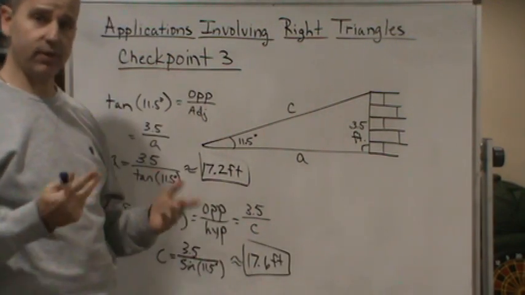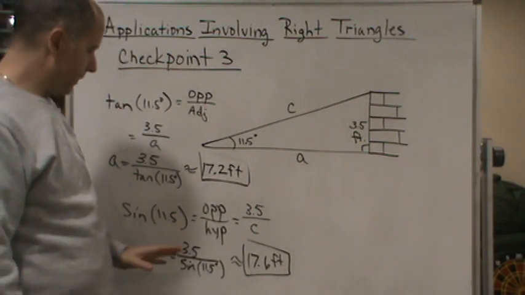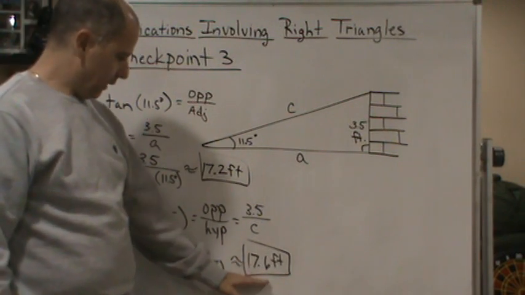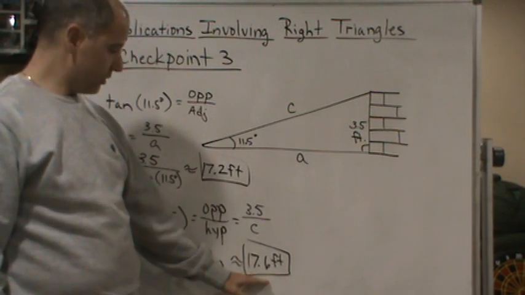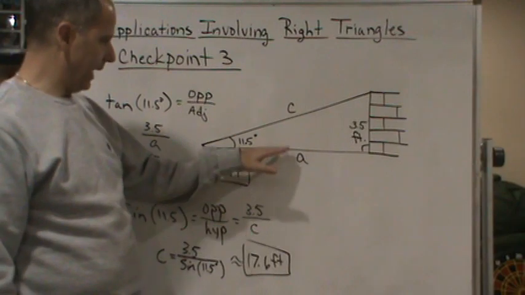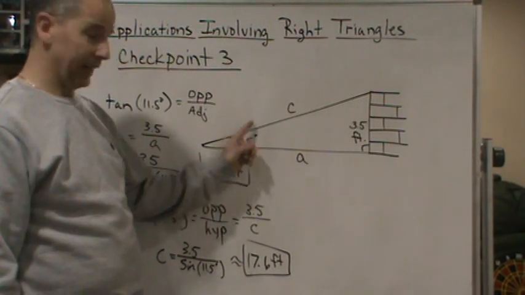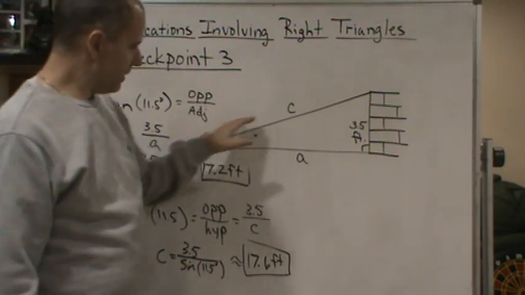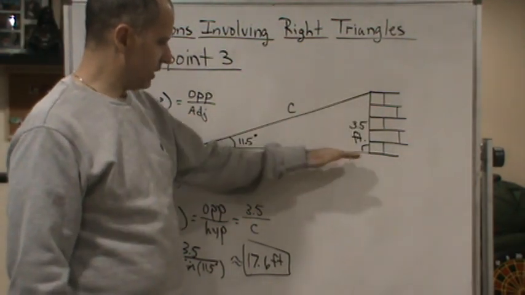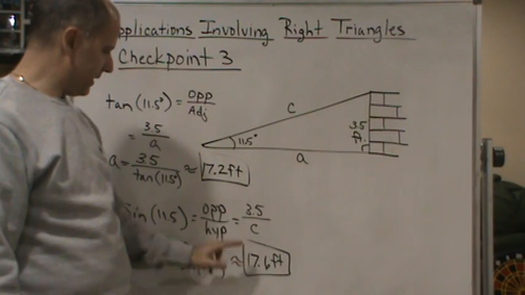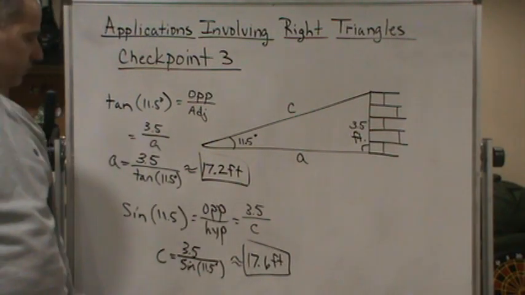So you always want to ask yourself, does this make sense? Yes, it makes sense because one, it is longer than this one, so C should be a little longer than A. Also, because we have such a small angle, this hypotenuse is very close to this, so it makes sense that the lengths are going to be fairly close.